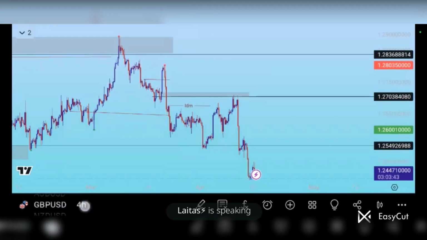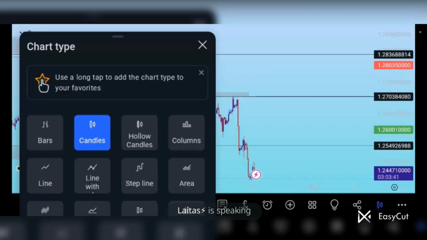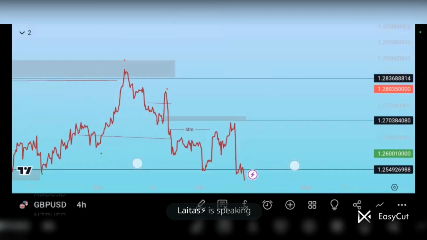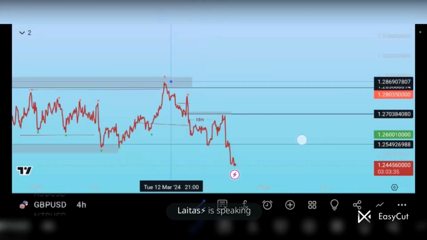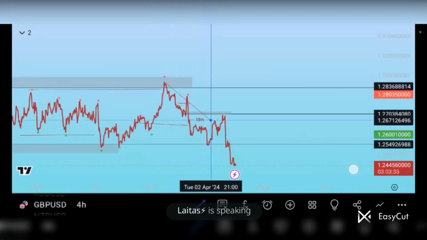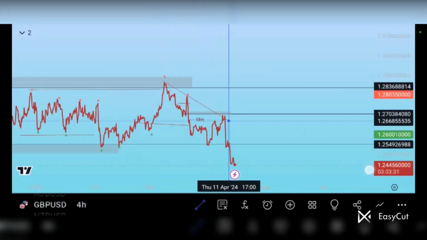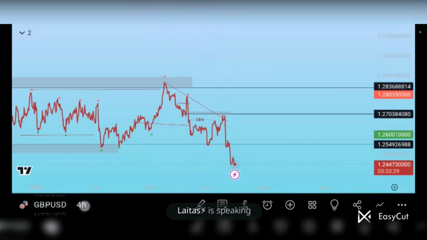And also trend line confluence. Don't forget, trend line is very, very powerful. If you don't know how to use trend line, go and learn it. First touch, second touch, third touch. Refinement.